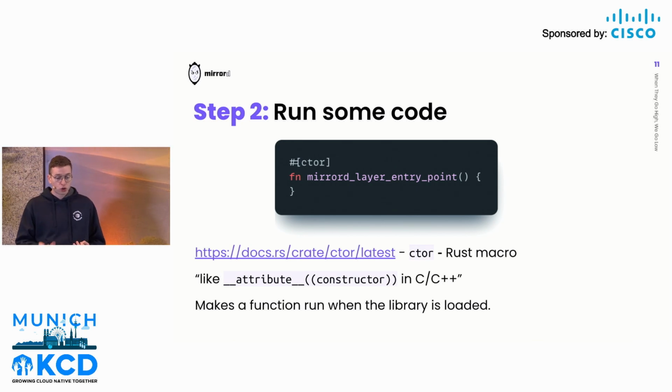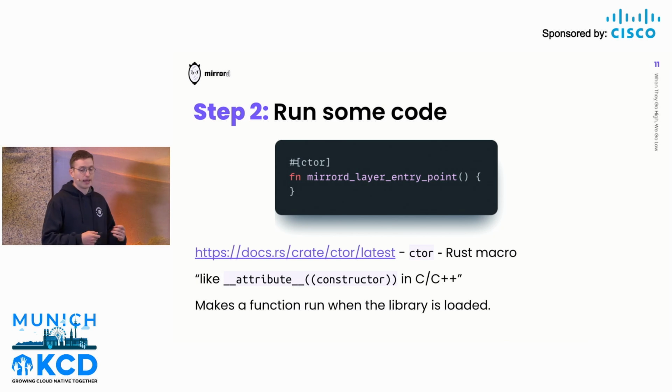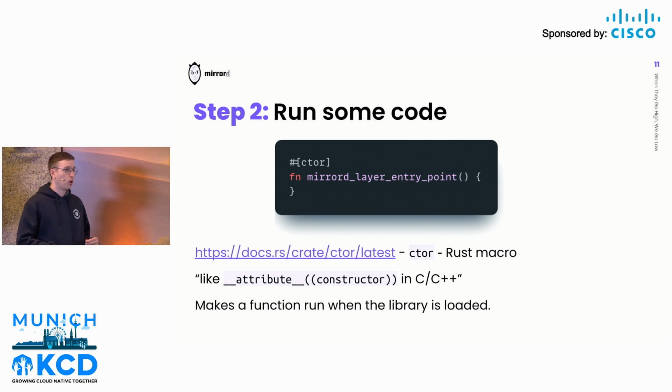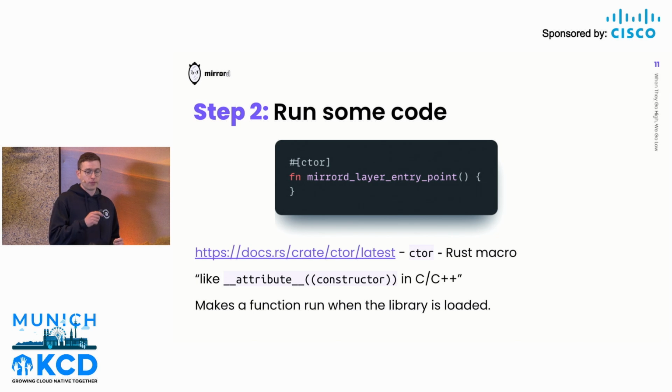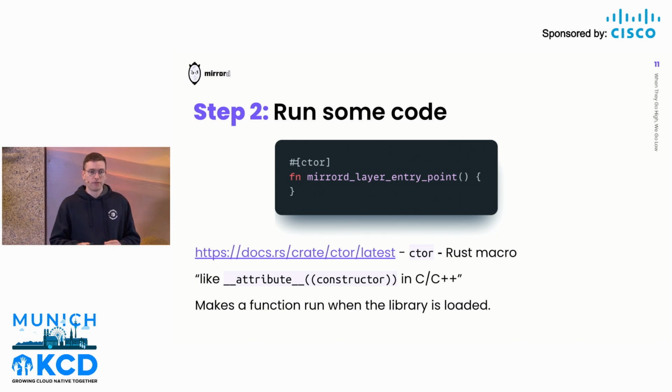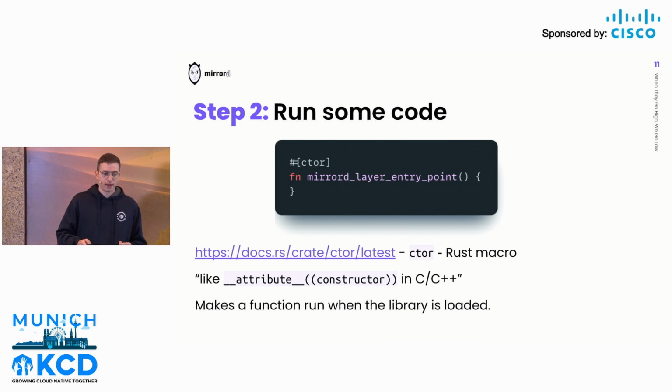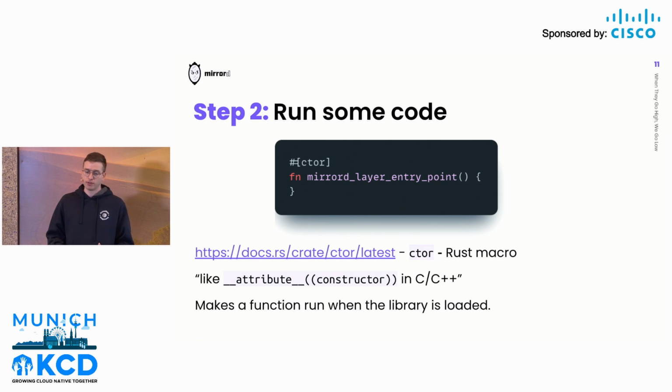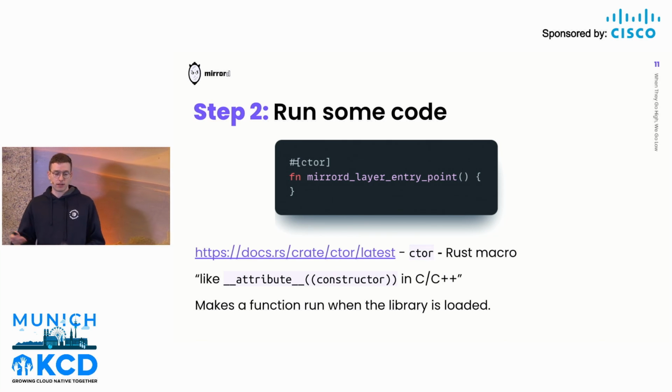So in order to ensure code runs, we use another feature that dynamic linkers offer, and that is what is sometimes called a constructor. And that is basically just code that is placed in a specific section of the binary. And this code will be executed on start time of the process, or when it's loaded.